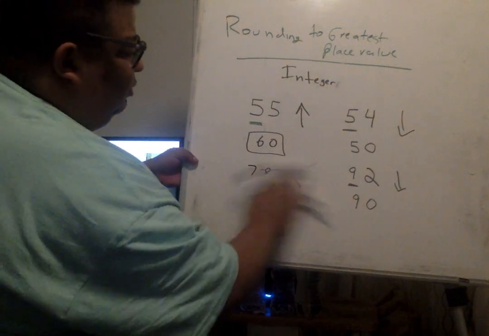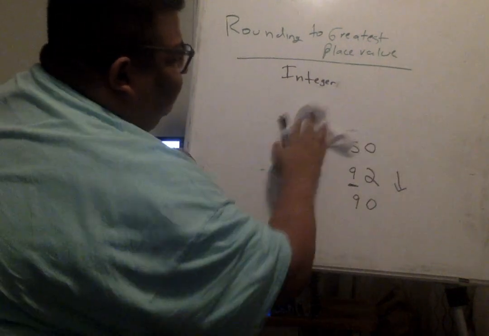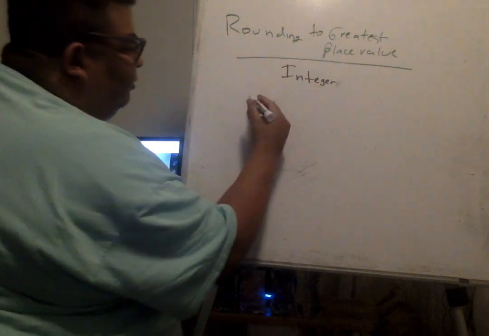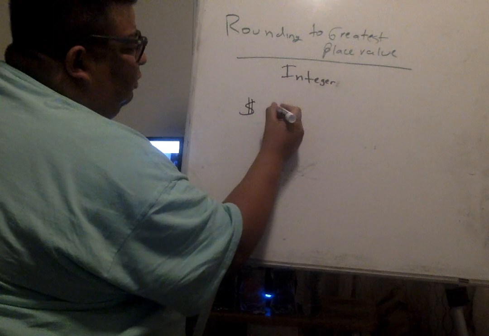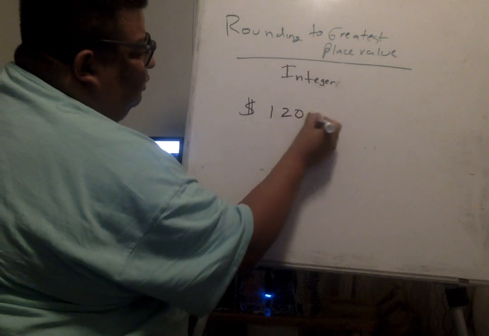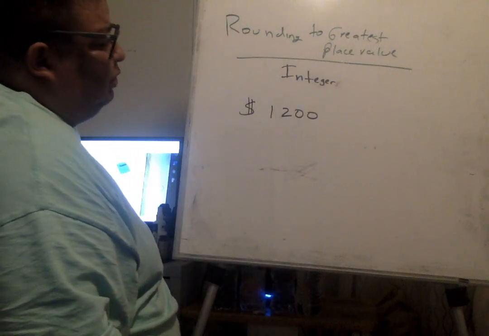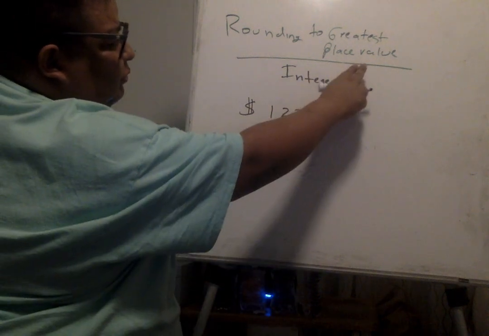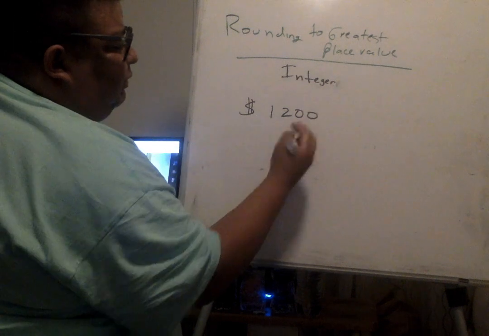So sometimes you're going to be talking about money. Money, for example, 1,200. Now this one you need to round up or down to its greatest place value.